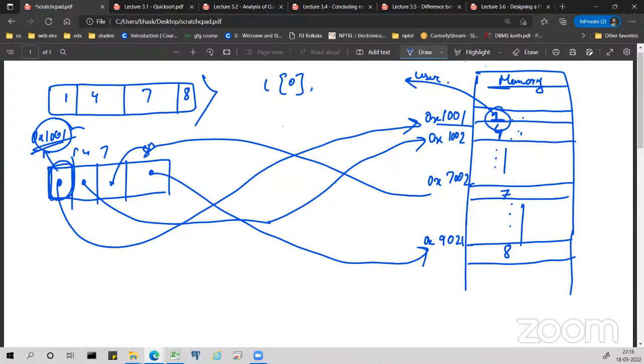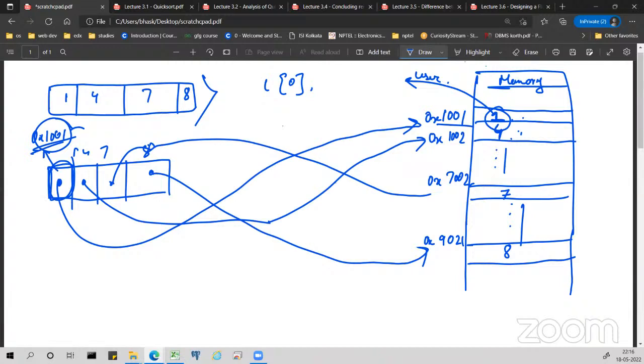Got it? Sir, can 8 be stored in a prior memory location and 1 be stored in a much later memory location? Can you please repeat? Since this is just referential, I understand lists, I understand arrays. I wanted to know if in lists, 8 can be stored in 1001 and 1 can be stored in 9021.